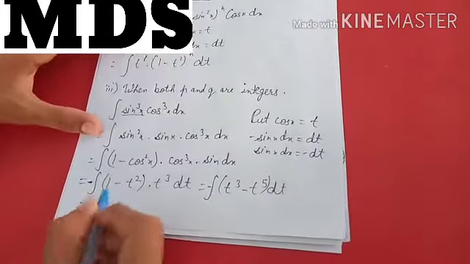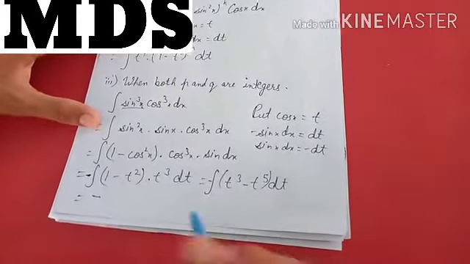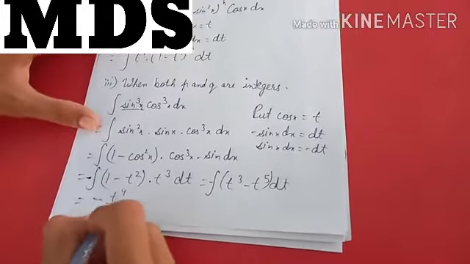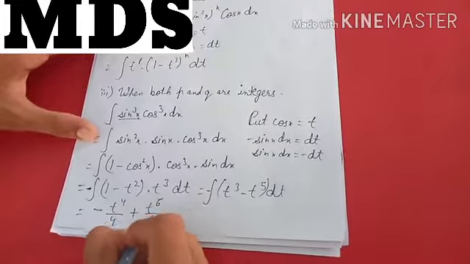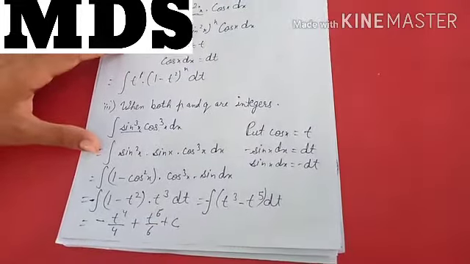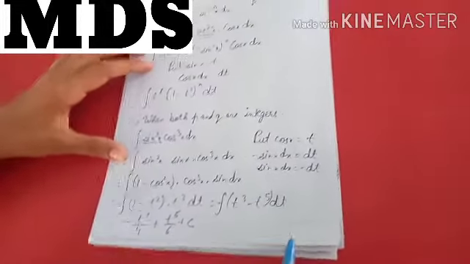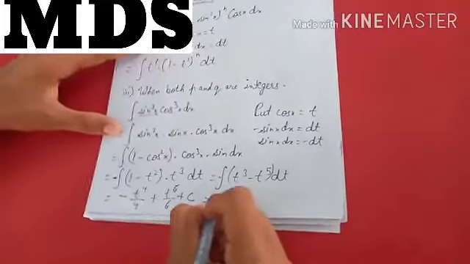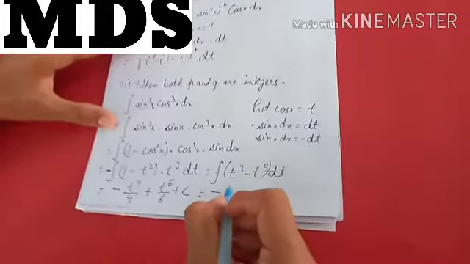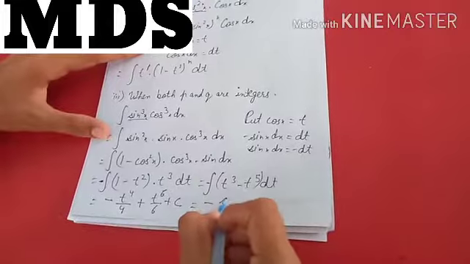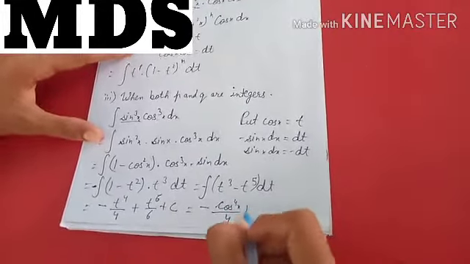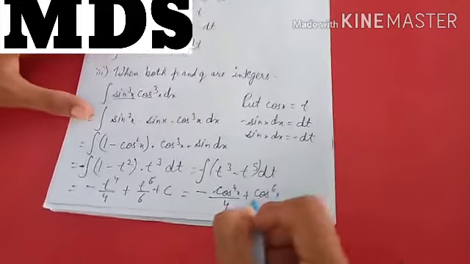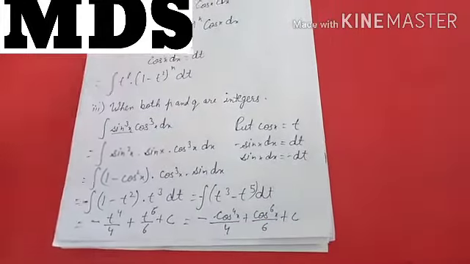Now I will integrate it, it will be t raised to power 4 by 4 plus t raised to power 6 by 6 plus c. Then I can replace the value of t, so it will be minus cos x raised to power 4 by 4 plus cos x raised to power 6 by 6 plus c.